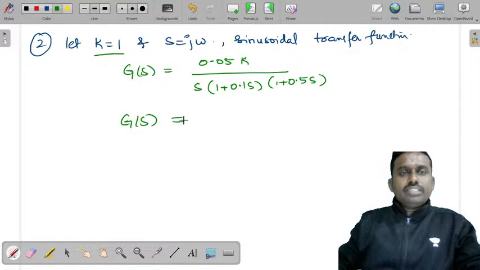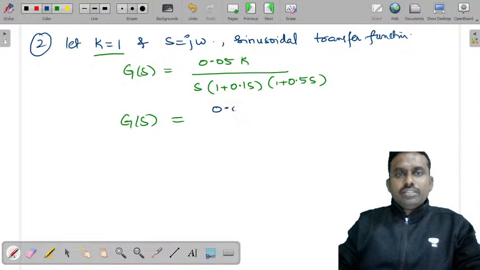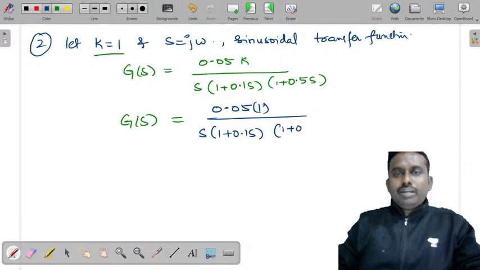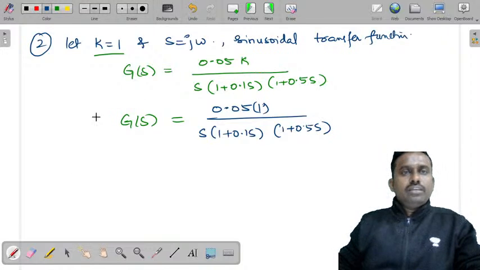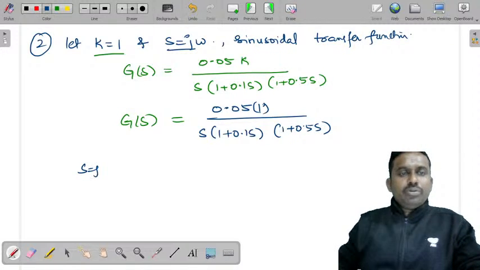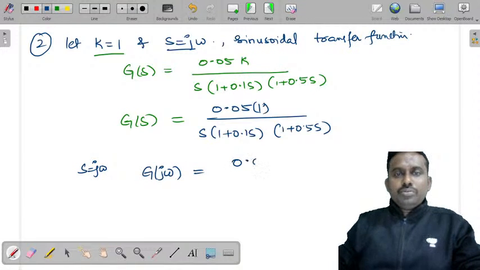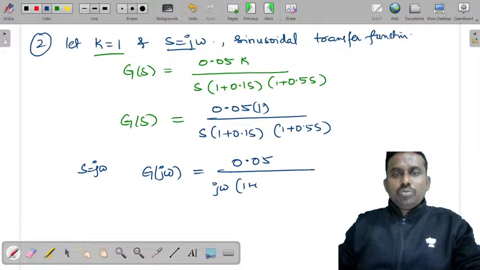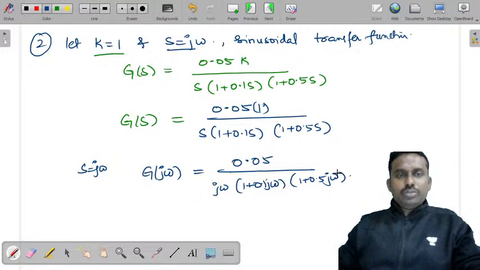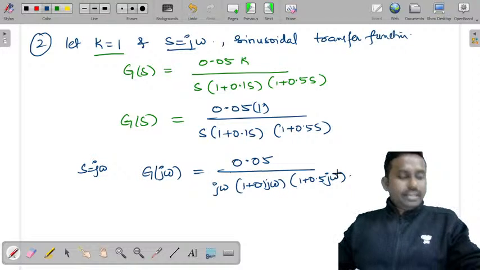G(s) is equal to 0.05 into 1 by s into (1 plus 0.1s) into (1 plus 0.5s). Now substitute s is equal to j omega. Can I say G(j omega) is equal to 0.05 by j omega into (1 plus 0.1 j omega) into (1 plus 0.5 j omega)? Yes, you can do that. So this is the second step that you need to do.